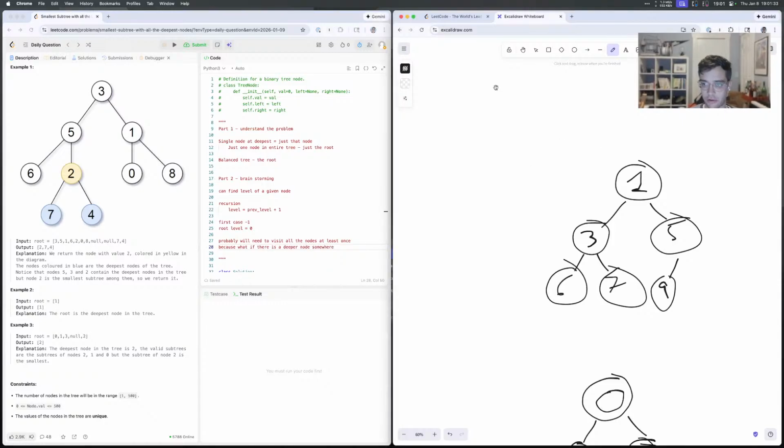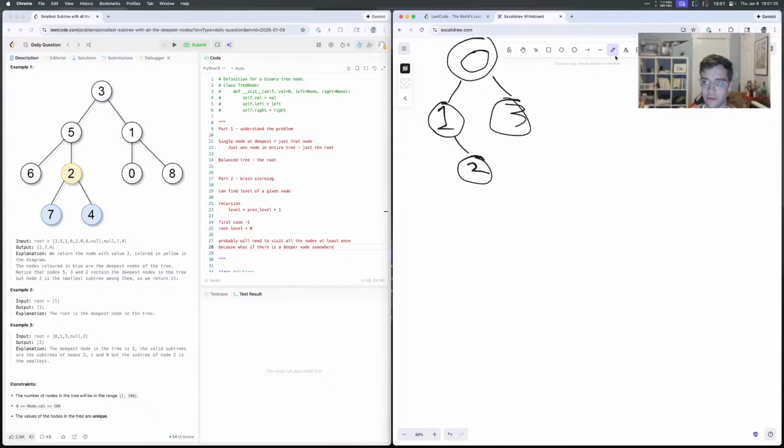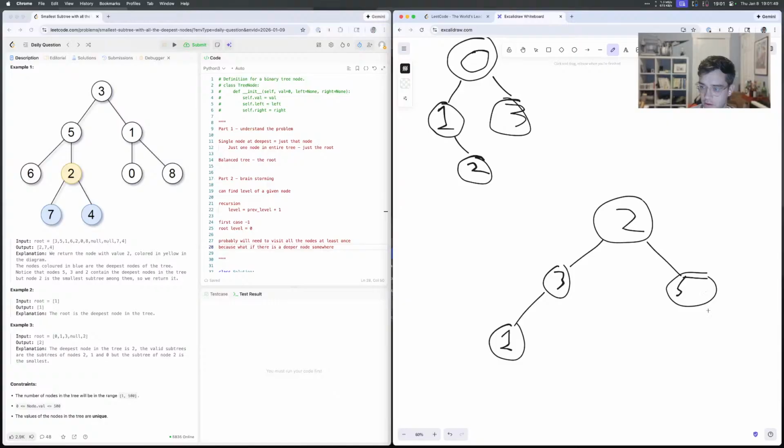Another example that's maybe interesting to think about is, I guess not that unusual, but if we had a root here, even though these are going off in different directions, the answer is this 2 here, the root.